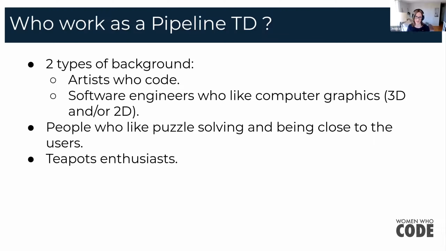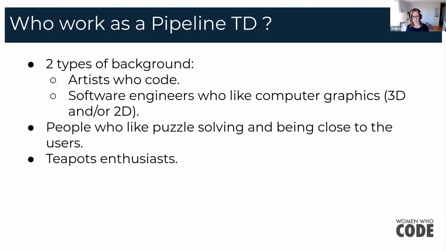And the other side of it, the other coin, is totally different: actual software engineers who are trained in computer science, mostly with a specialty in computer graphics, 2D or 3D, who have an interest in the artistic aspect as well, and they end up as pipeline TDs.